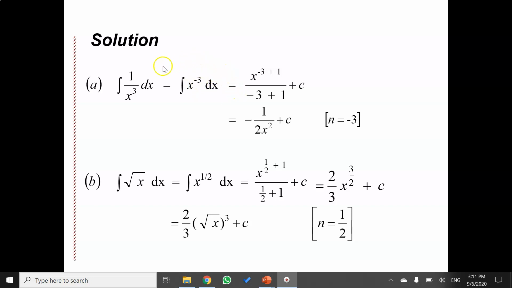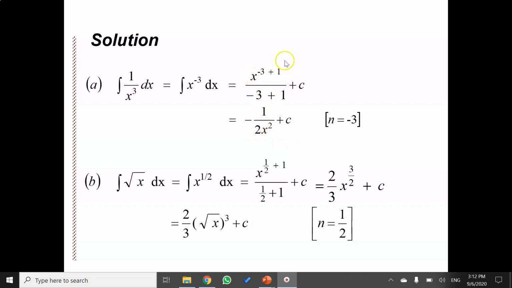When we integrate this one, remember, you have to add 1 to the power. So you will have x to the power of negative 3 plus 1, divided by negative 3 plus 1, which is the new power, plus c. So you will have negative 1 over 2x squared plus c. Why?